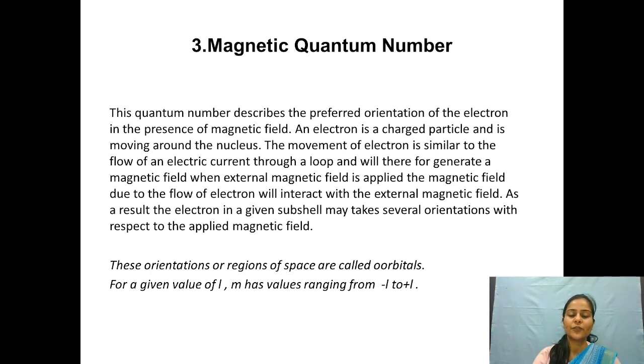And these orientations or regions of space occupied by the electrons are called orbitals. For a given value of L, m has values ranging from minus L to plus L, or the total number of values for the magnetic quantum number, which is represented by small m, is 2L plus 1, right?